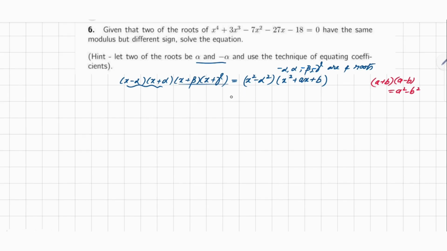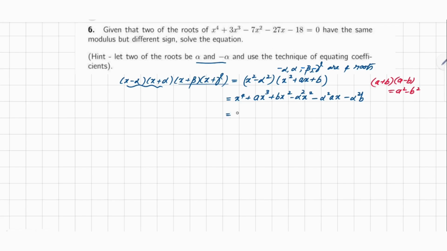Expanding this gives us x to the power 4 plus ax cubed plus bx squared minus alpha squared x squared minus alpha squared times a times x minus alpha squared b.